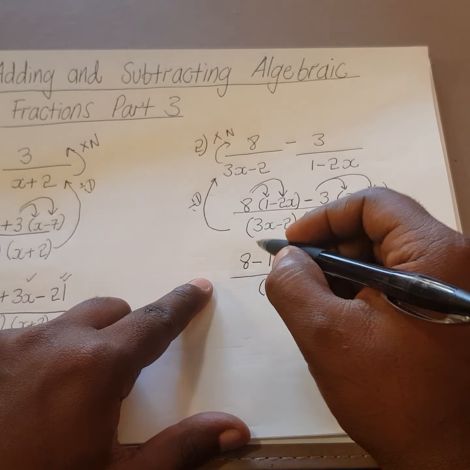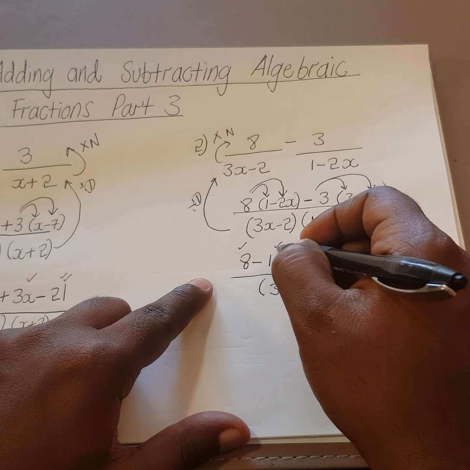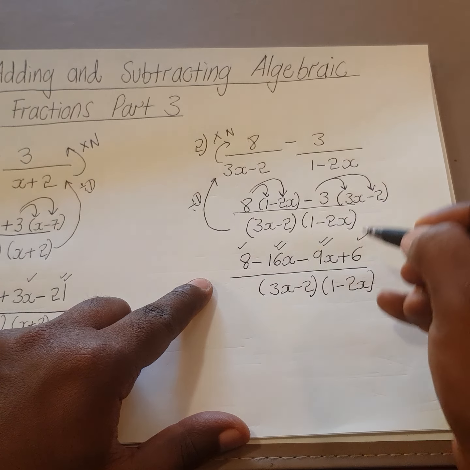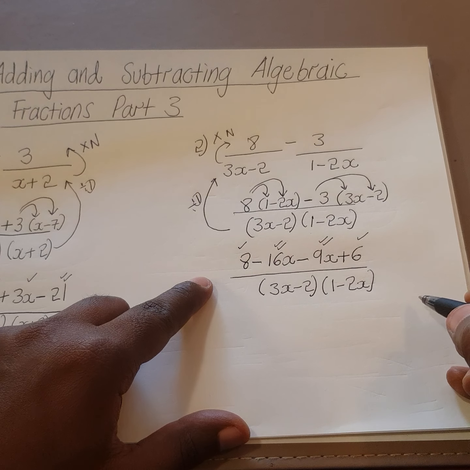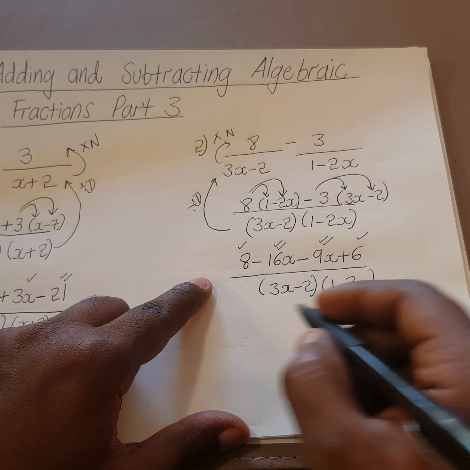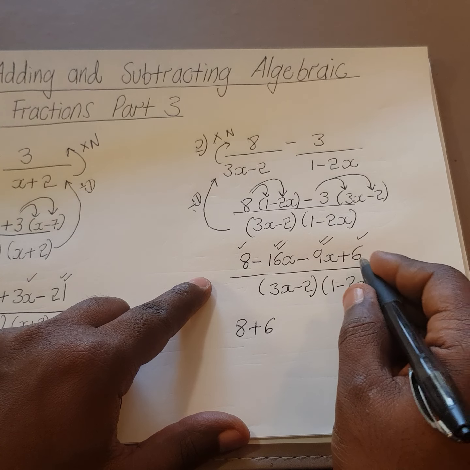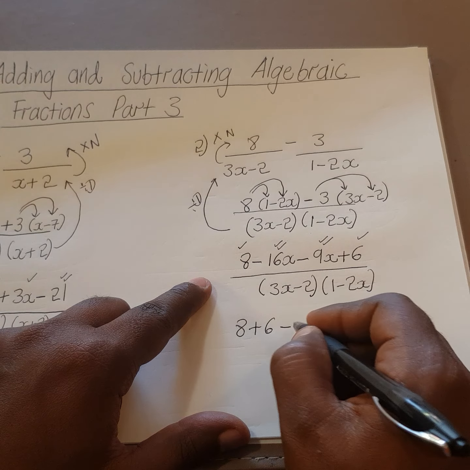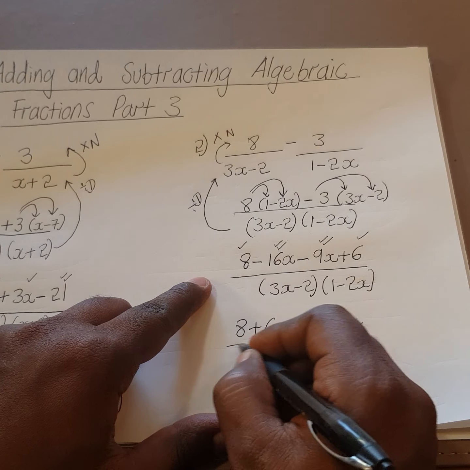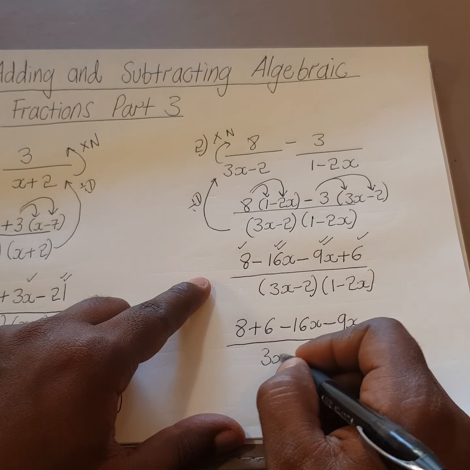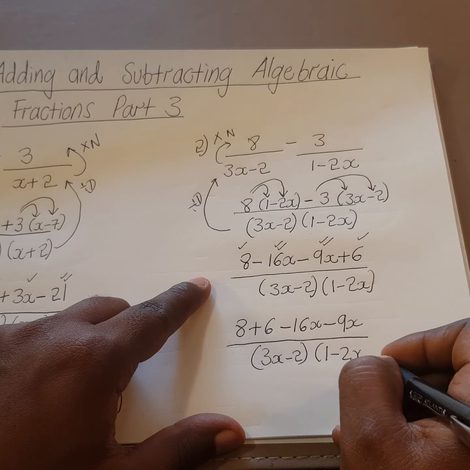What do we do next? Group our like terms. It doesn't matter which order, whether you start with numbers or letters, as long as you've grouped them properly. So we go 8 plus 6, we are rearranging. You can see I'm consistent with my sign. Minus 16x minus 9x divided by 3x minus 2, 1 minus 2x.